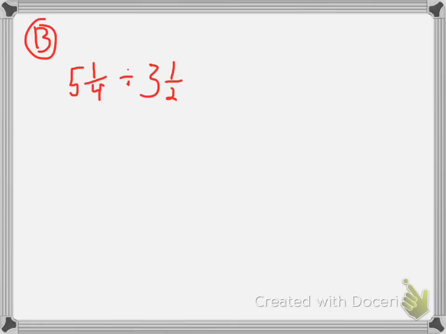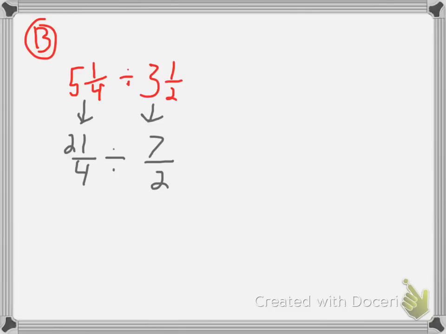Let's do another example. This time we have mixed numbers here. First thing we need to do, just like with multiplication, is turn them into improper fractions. So 5 times 4 is 20, plus 1 is 21. So 21/4 divided by, now we're going to do the same thing for 3 1/2. 3 times 2 is 6, plus 1 is 7. 7/2.